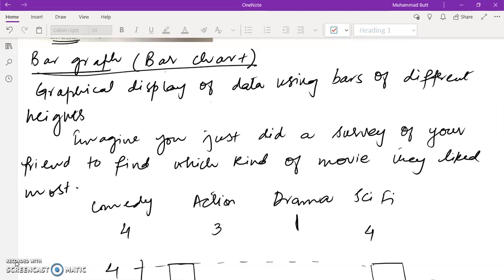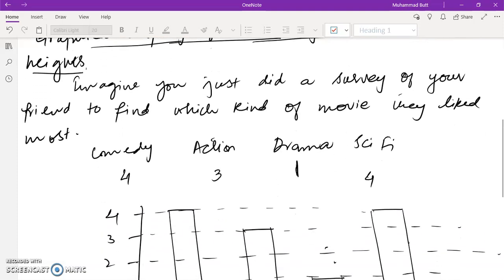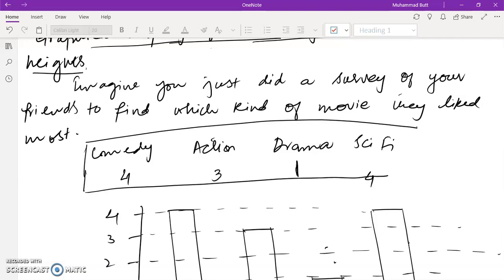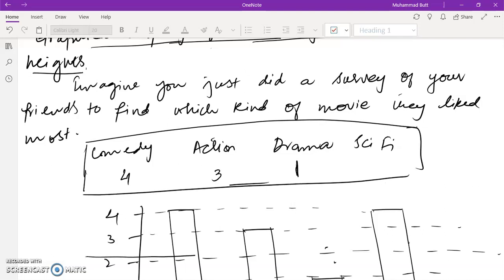A bar graph or bar chart is a graphical display of data using bars of different heights. In a bar graph, we represent the data using bars of different heights. Just imagine that you did a survey of your friends to find out which kind of movie they like the most, and you came to know that 4 of your friends liked comedy movies, whereas 3 of them liked action movies, 1 of them liked drama, and 4 of them liked sci-fi movies.